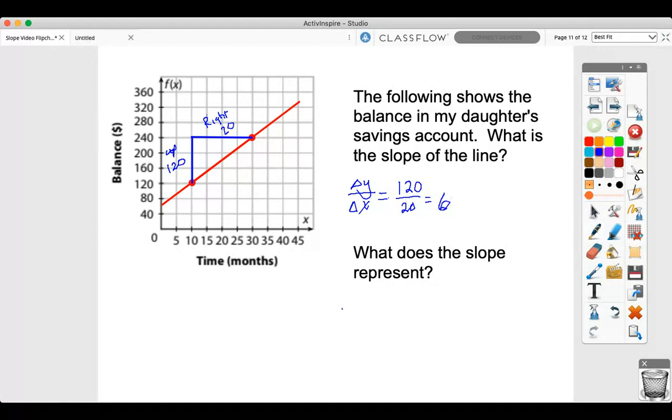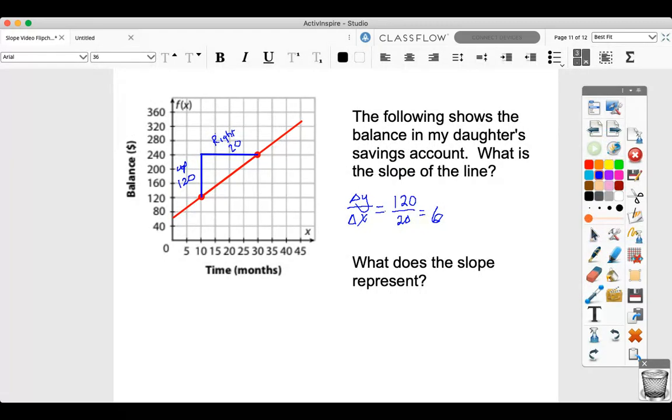Now the question is, what does the slope represent? Remember, you have to go back to the definition. The slope is the change in y over the change in x.